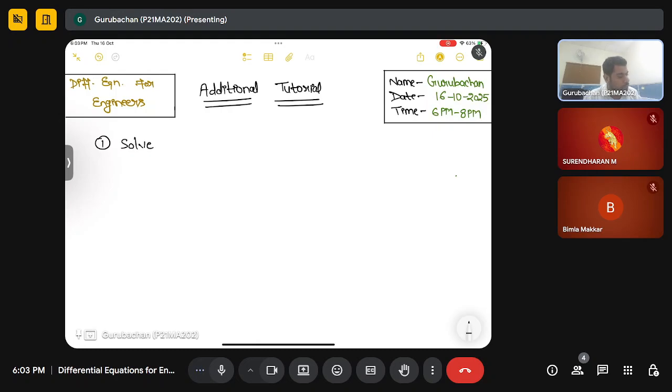Solve the differential equation y' + (2/x) y = x^2 y^3.